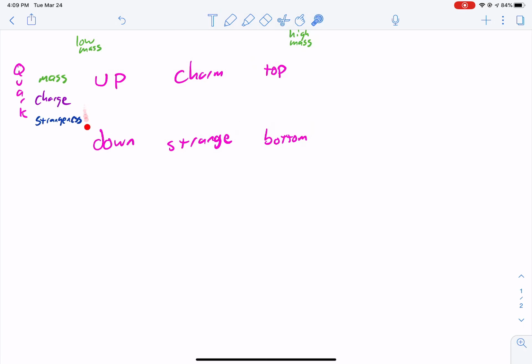You see, this is actually defined how we've identified some of these things. For example, the up and the down quark. These have very little mass. Now, they have mass. There are many things with less mass, certainly. But the up and the down quark don't have a lot of mass. And so when we're trying to identify these quarks, what we're doing typically is smashing protons together and seeing what flies out.